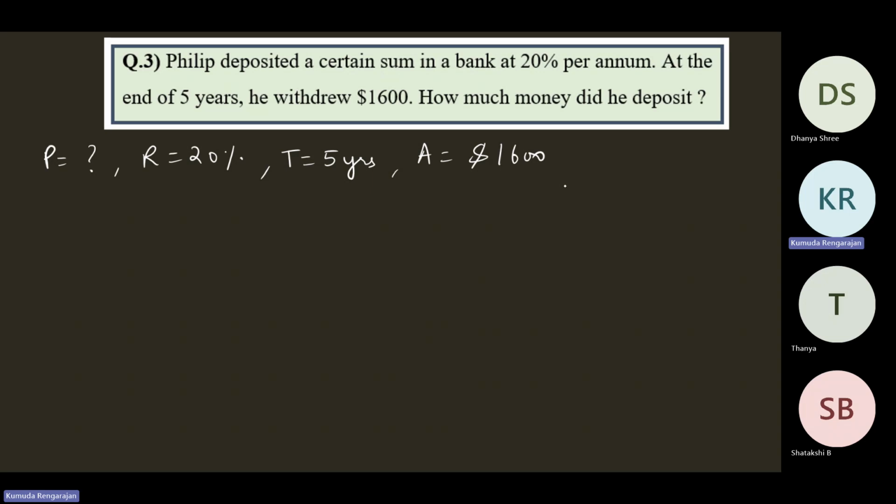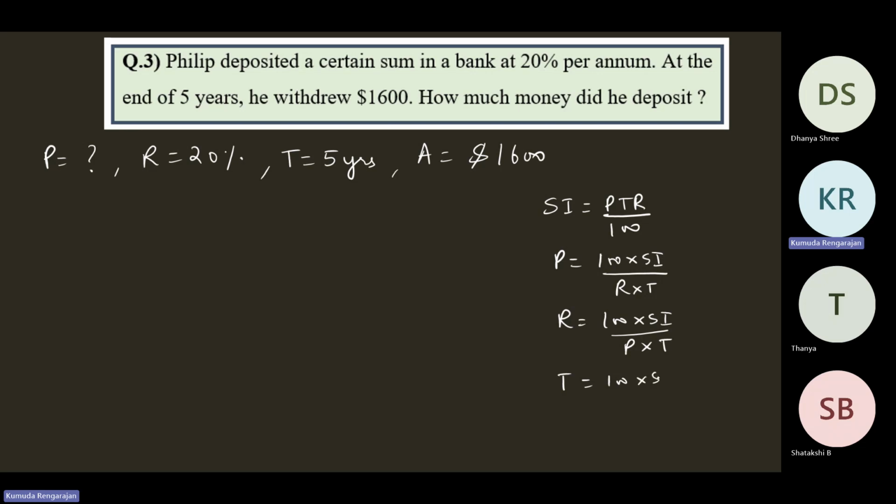Now, you'll have to check these formulae available to you. SI is equal to PTR by 100. You have P is equal to 100 into SI by R into T. You also have R is equal to 100 into SI by P into T. Finally, T is 100 into SI by P into R. So analyze and tell me, when you use a formula and substitute the values, there should be only one unknown.